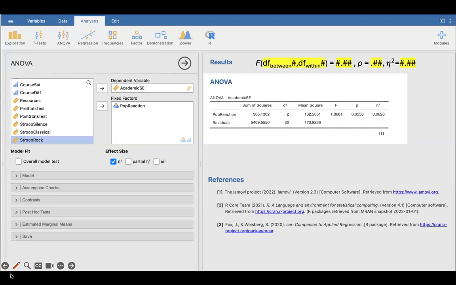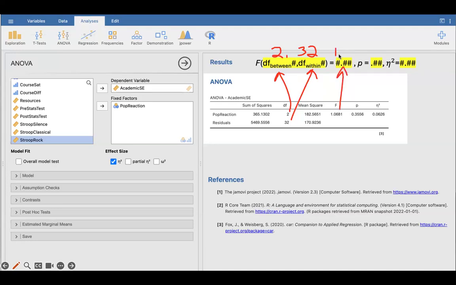For this example, we would write out our degrees of freedom between, which is 2, and then a comma, and the degrees of freedom within is 32. So I would say 2 comma 32, and then my F statistic is going to go here.